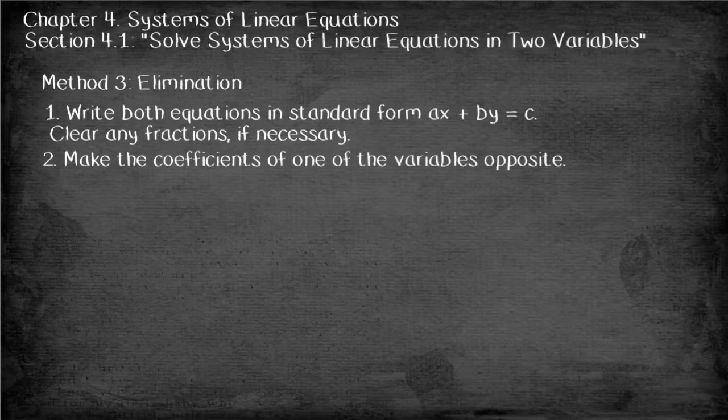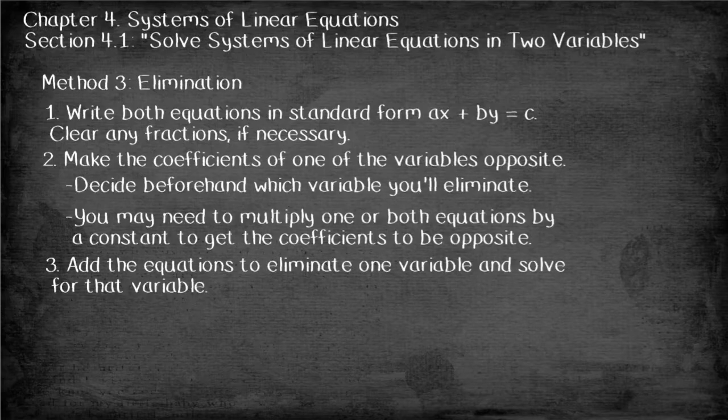Then what you want to do is pick a variable that you're trying to eliminate, and you want to make their coefficients opposite to one another. You might need to multiply one or both of the equations by a number to get the coefficients to be opposite. That's totally okay.